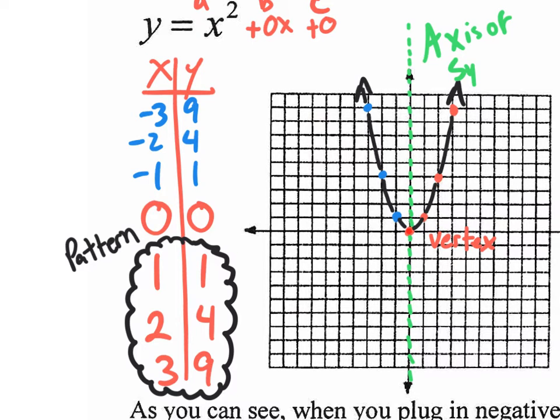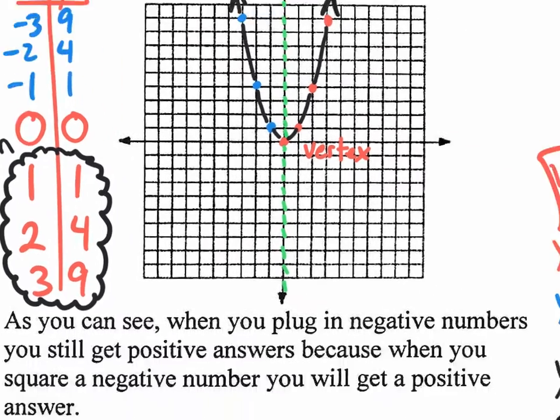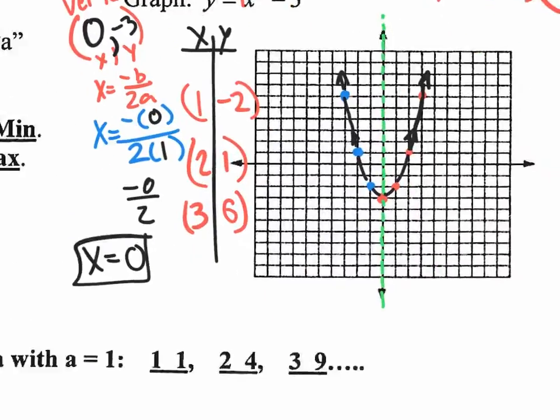Then you go back to the vertex and go 3 over 9 up. And then once you have those points, you can just map them over to the other side and you'll be done. So if you know that the a value has the pattern 1, 1, 2, 4, 3, 9, you'll be able to do the problem in a minute or two as opposed to 5 minutes.